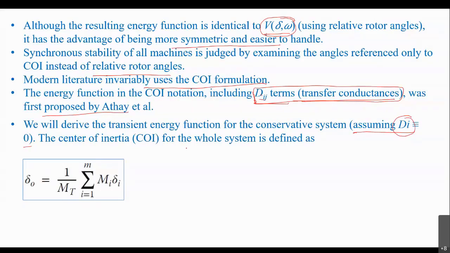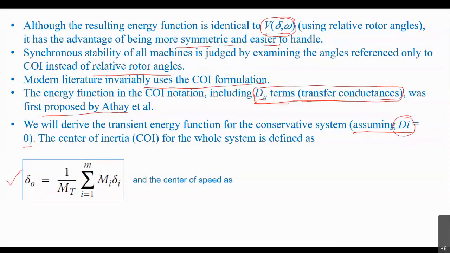The center of inertia for the whole system can be defined as this. This is the angle of center of inertia, delta naught, that is equal to 1 by MT, sum of i equal to 1 to m, Mi delta i. So what is this MT?